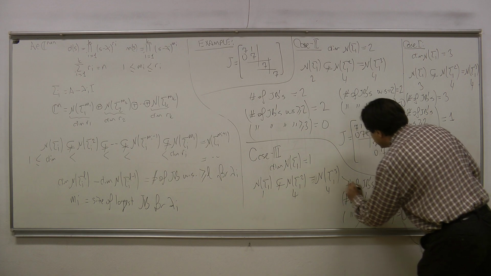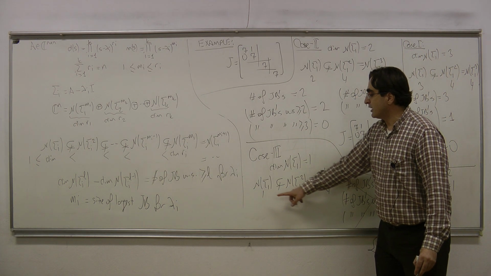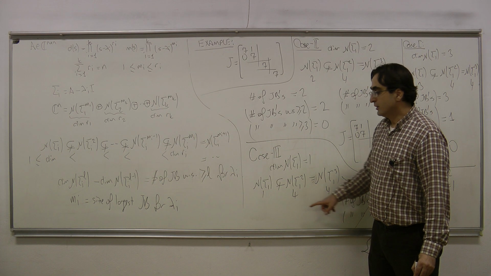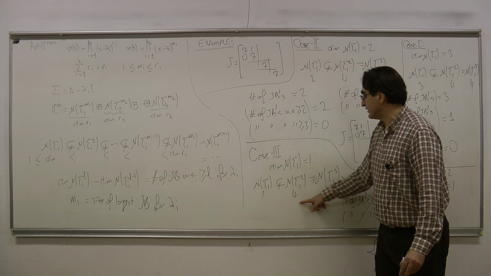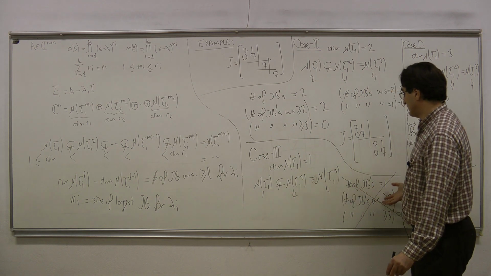Okay? So here we see something important. These null space dimensions cannot really be arbitrary increasing numbers. They cannot be first increasing and then remaining constant numbers. They have to satisfy some constraints.